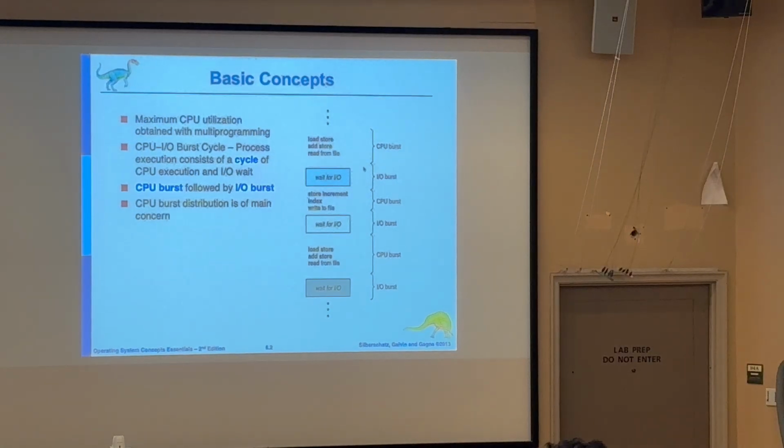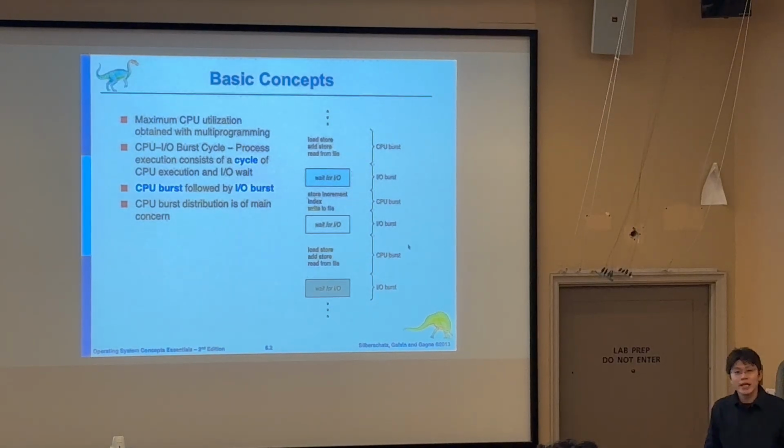And you can imagine if you have another process, when this process is waiting for I/O, you allocate the CPU to the other process. And when this process is using CPU, you ask the other process to do I/O. If you do this, you are optimally utilizing your resources, and you can help both processes finish earlier. This is the entire motivation of scheduling algorithms.